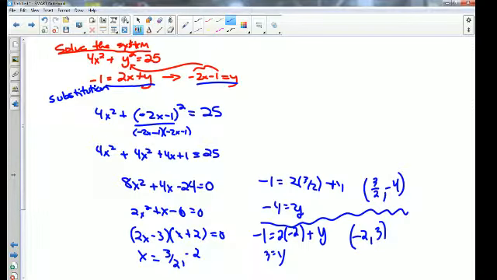It's an ellipse. Why is it an ellipse and not a circle? Does that equal 1? No. In a circle, it has to be x squared plus y squared. There can't be any multiples. That right there tells me it's an ellipse. So what you really have is an ellipse.